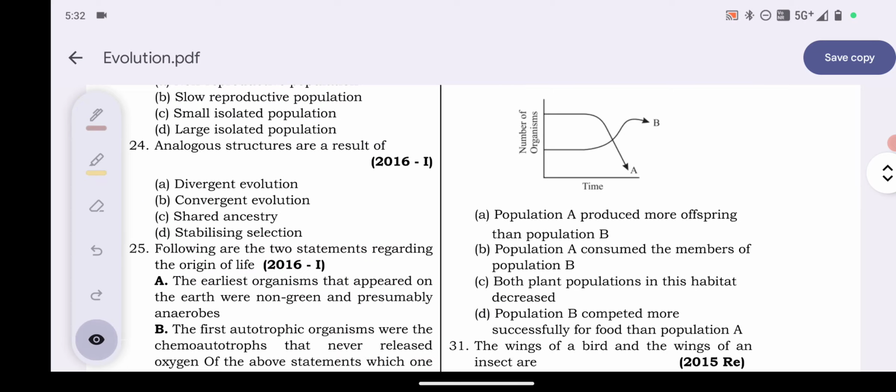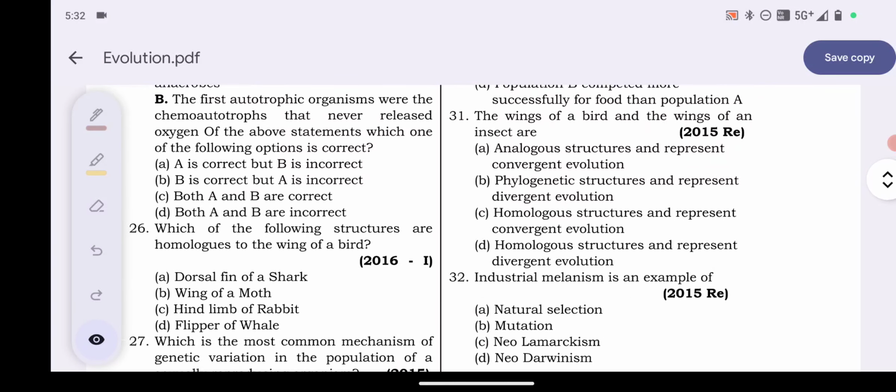Next one, question number 31. The wings of birds and wings of an insect are... Look at the options. According to the options, option number A is your answer: analogous structure and represents convergent evolution.